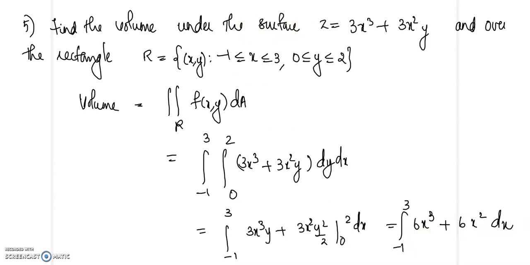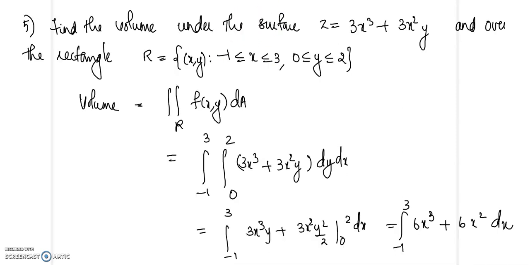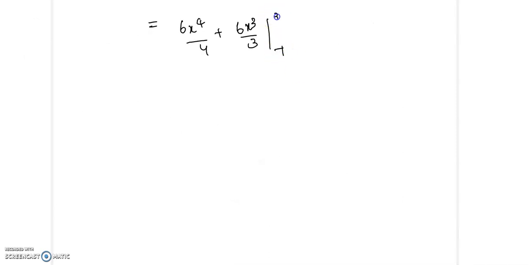Now let us integrate this function with respect to x. That will give 6x raised to 4 by 4 plus 6x cube by 3 from minus 1 to 3. So that is 3 by 2.